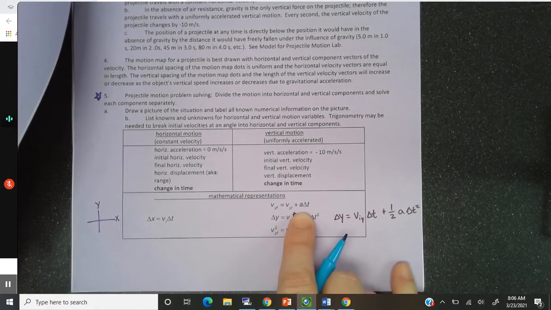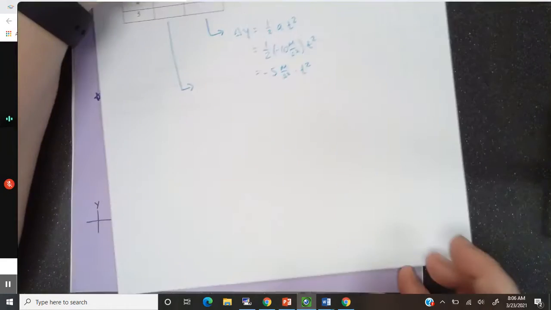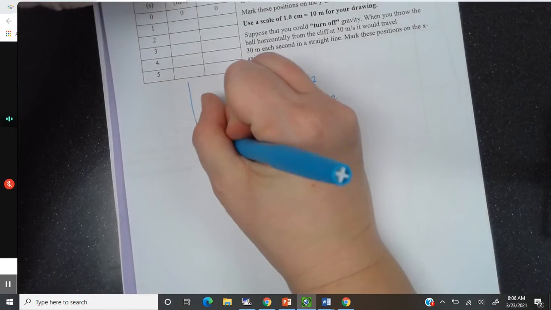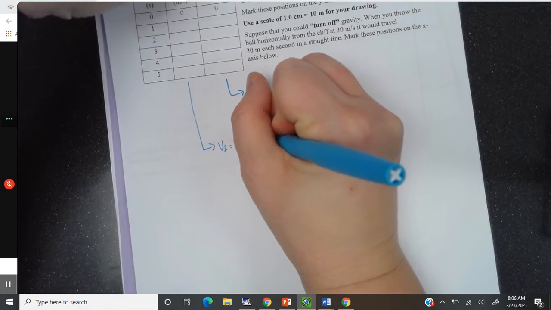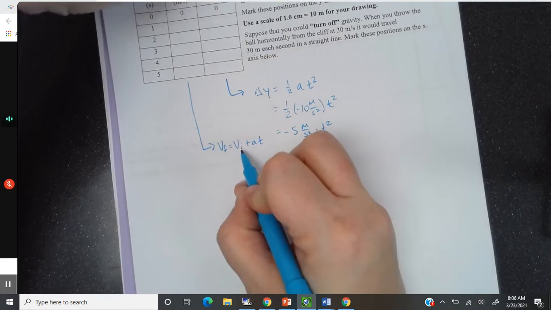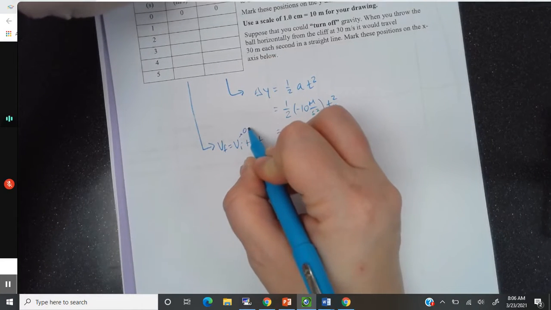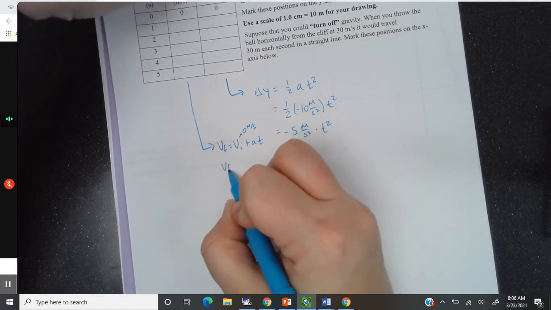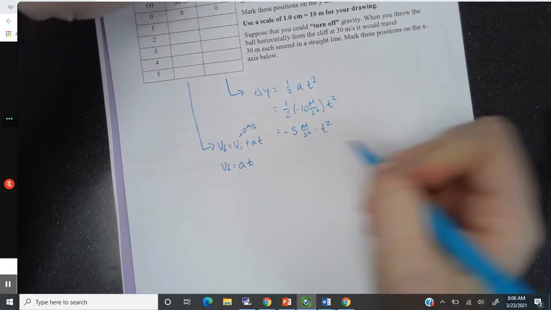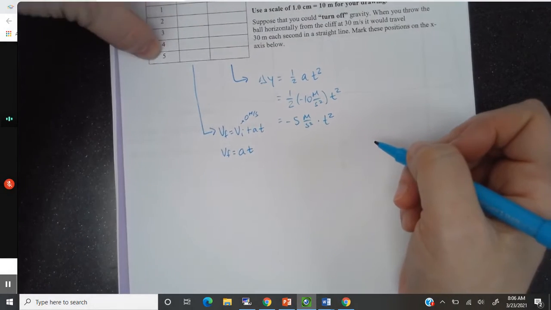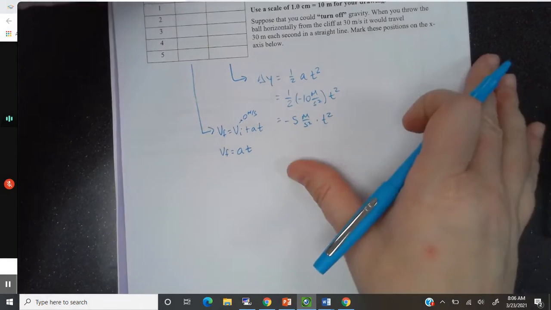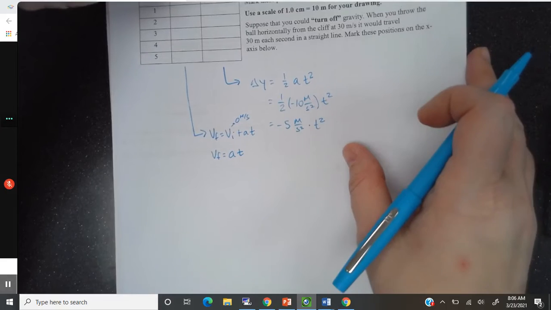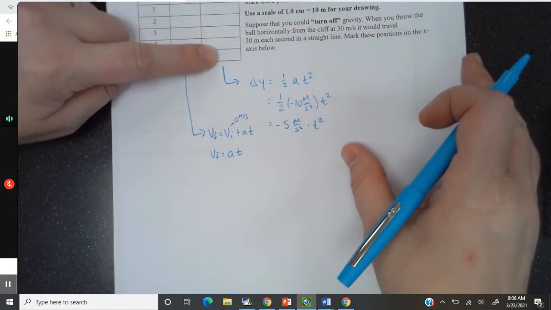And then we're going to add the acceleration times the total change in time. So if our initial velocity is equal to 0, then all we're looking for as final velocity is our acceleration times our change in time. So you're going to use that to figure out the change in the vertical position.